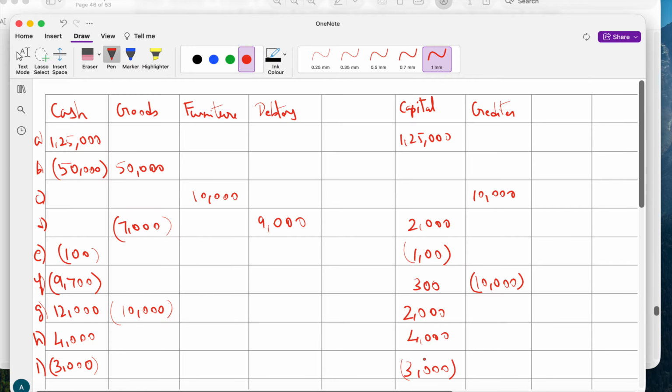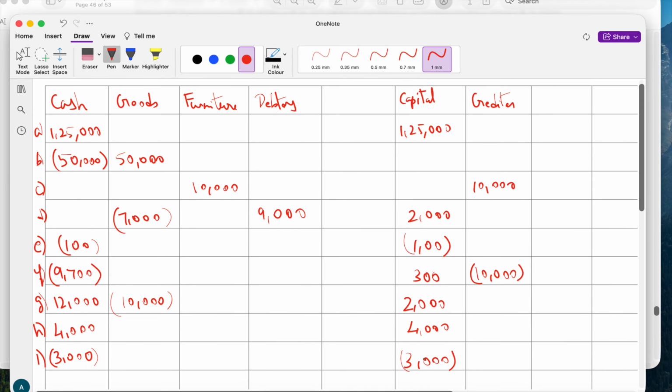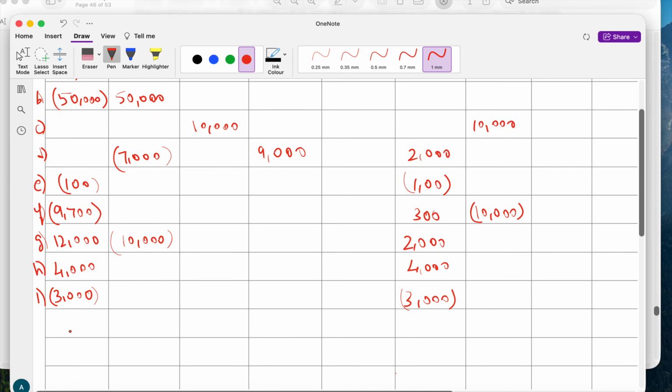So we've entered all the transactions and now we will find the total. So cash stands at 78,200. Okay, goods at 33,000 and you have furniture at 10,000, debtors at 9,000, capital at 1,30,200 and there are no creditors.